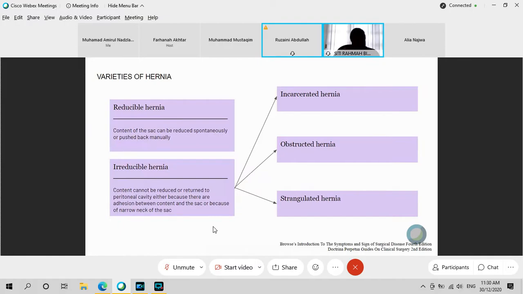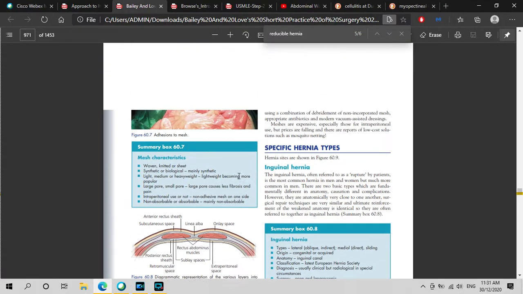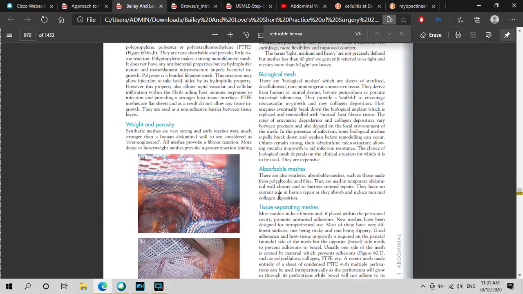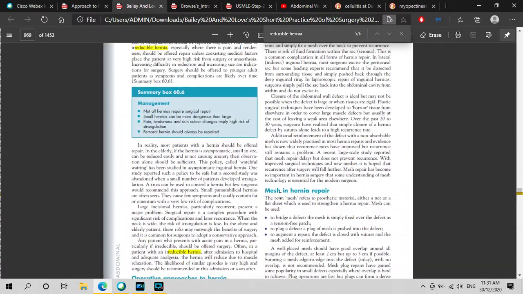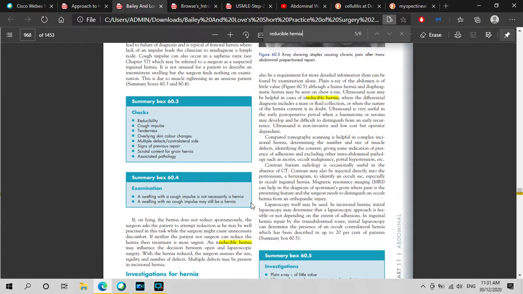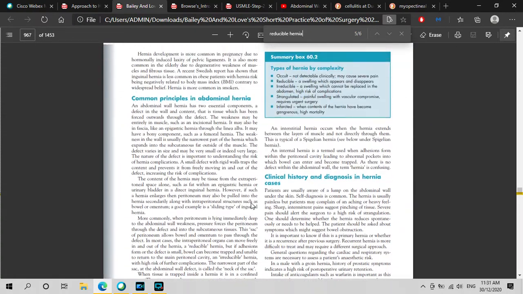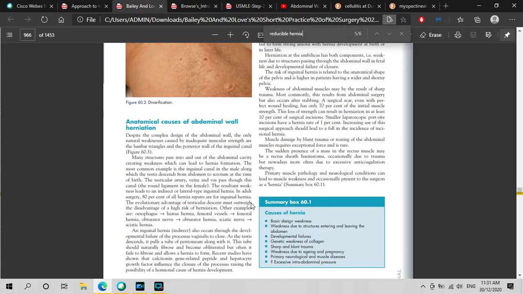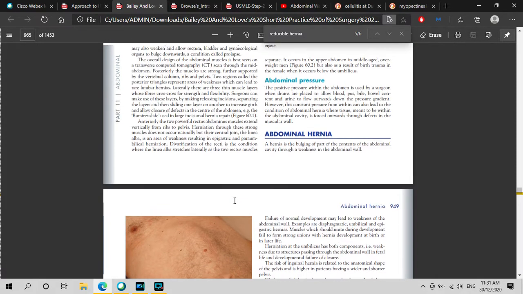That is a complication of hernia; even a reducible hernia can get those complications. Please change your mindset from preclinical years to clinical years. Don't expect spoon-feeding from lecturers. You have to prepare and study properly. You must study thoroughly before you present.